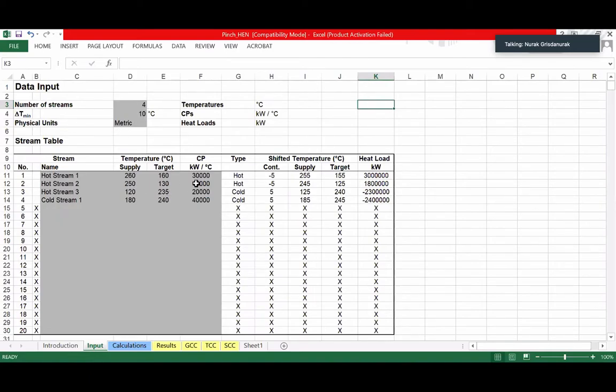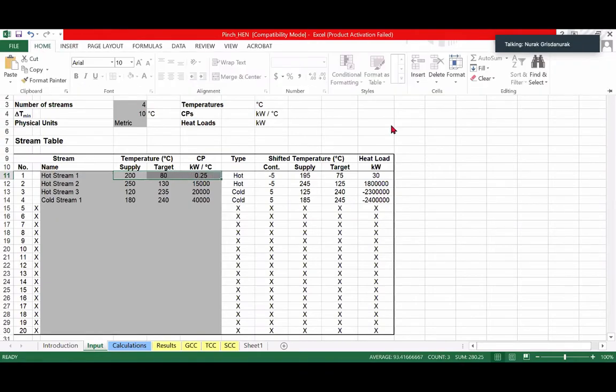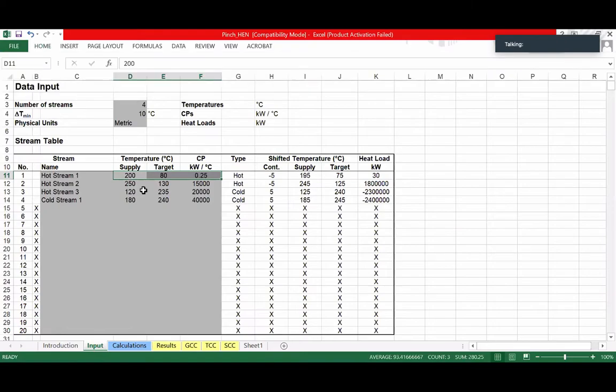The first stream: we have 200 going down to 80, right? How about CP? 0.25. Not in time yet? I just started, only one cell.